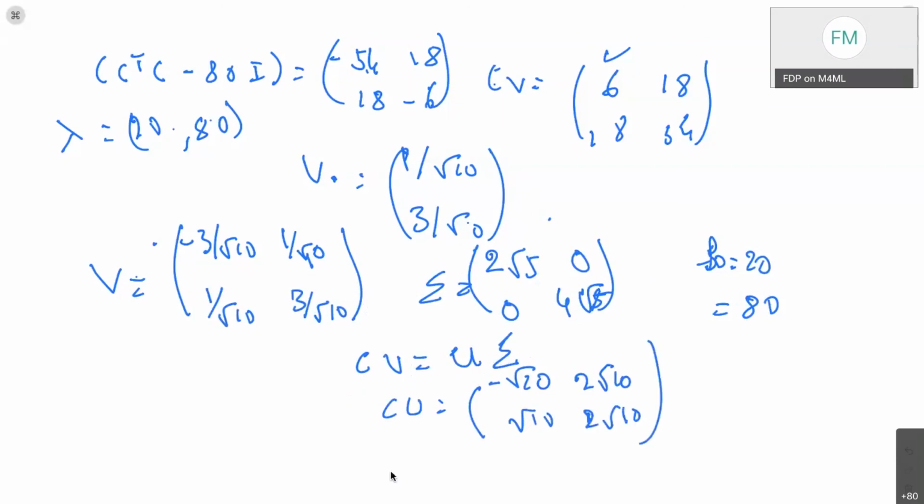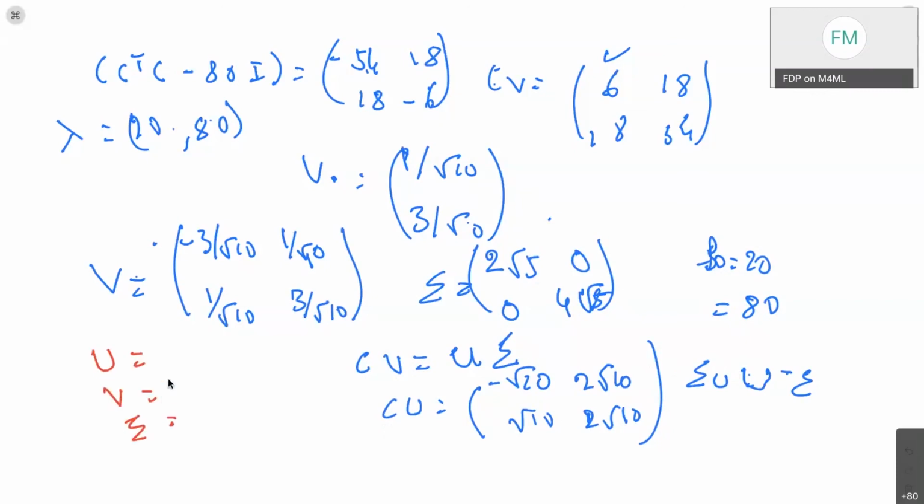So finally, from this, we will get all three matrices: U, V, and sigma.